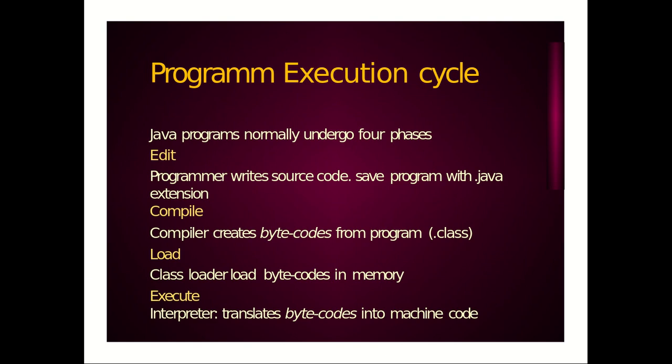The compiler name is javac and it will convert your source code program into bytecode, which has the extension .class. The third step is to load the class using the class loader into the main memory of your computer. And the last step is execution of your program using the Java interpreter, which will translate your bytecodes into machine code that will be executed on your operating system.